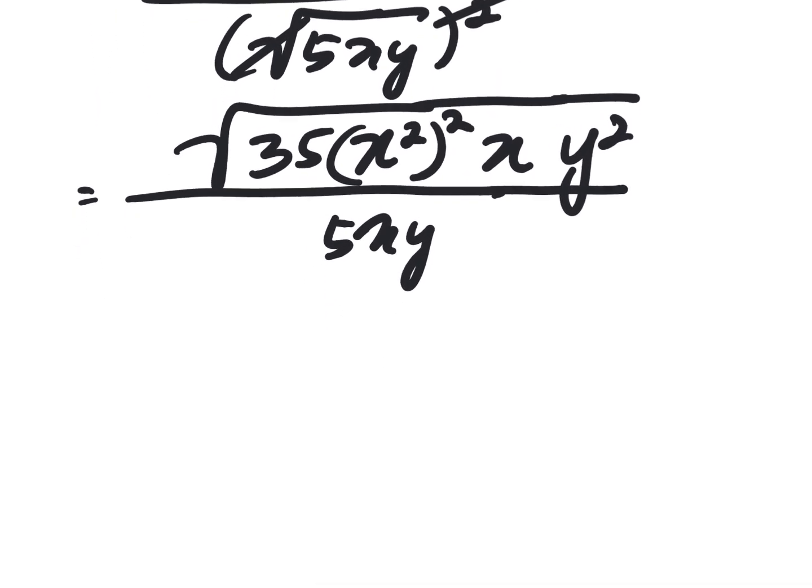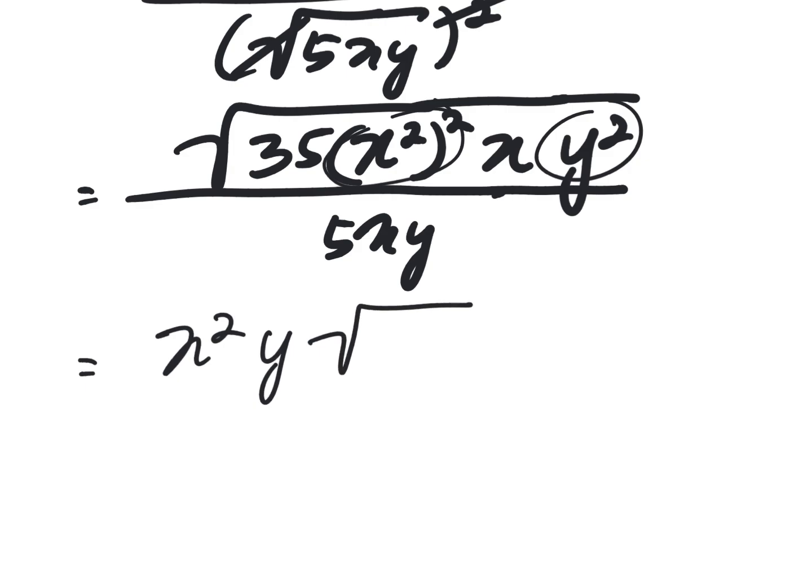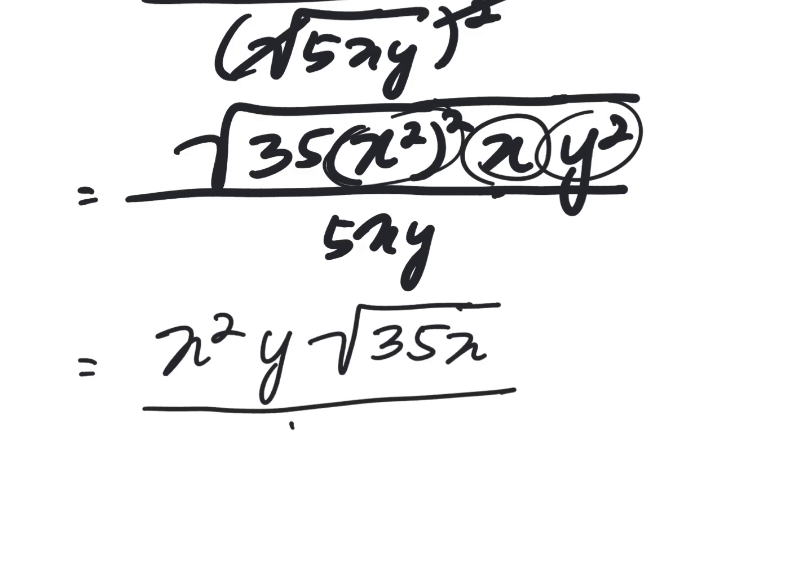Okay, let's simplify it further. So this one is going to go out. That's going to give you x squared, and then the y squared is going to get out, y only. Okay, that's going to give you root of 35, and the x in there is left inside. Then we're going to divide it by 5xy.